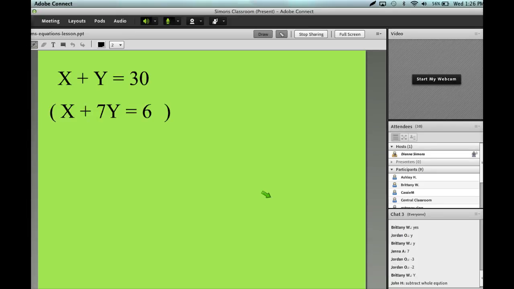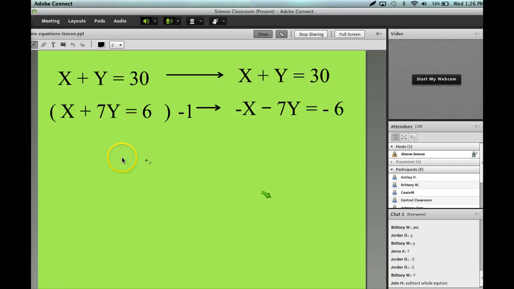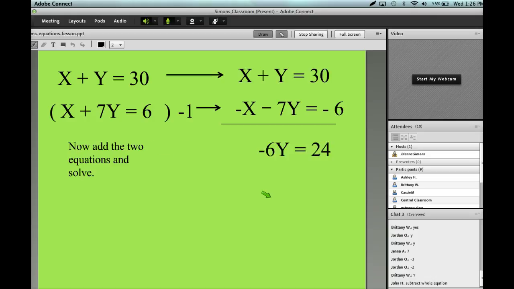In this case, you decide what you want to do. Let me show you. If you multiply every term by -1, then you change the signs of that second equation, right? Now you can add them and it's not as crazy thinking. Does that make sense? Get the same answer.